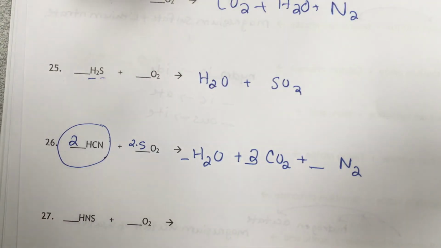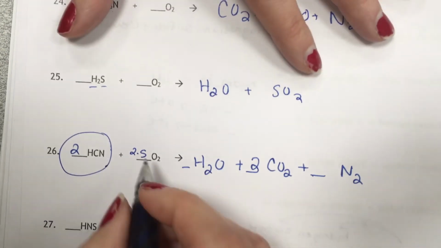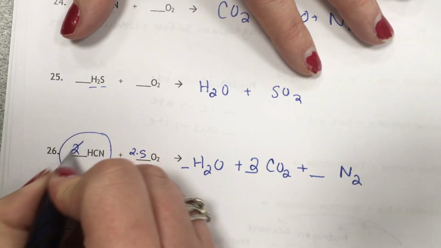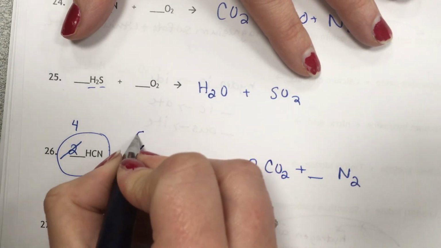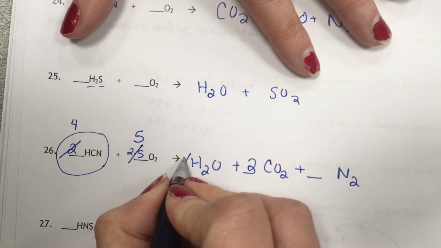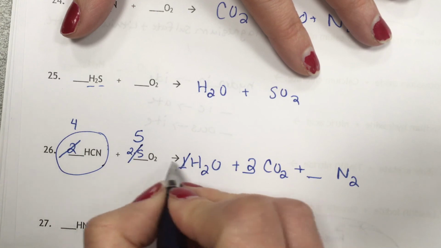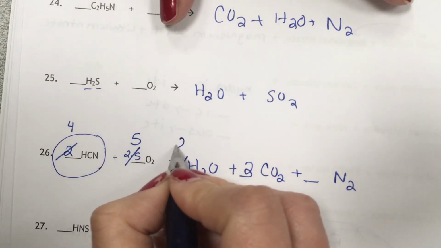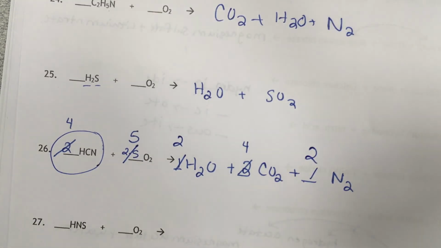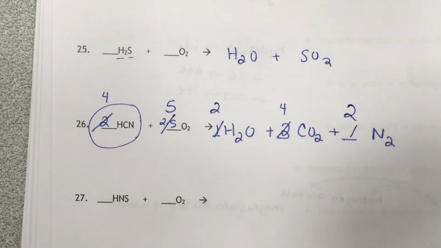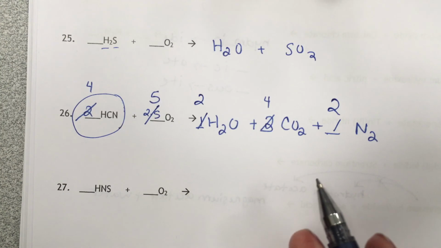Now, that's fine for now, but we can't leave this here, okay? We have to now multiply everything by 2. So that means this one would be 4, this one would be 5, this one, remember there's a 1 here, that's a very common mistake. The kids just leave it as nothing. This one is now 2, this one is now 4, this one is now 2. Okay, so that's how you would balance a combustion reaction.